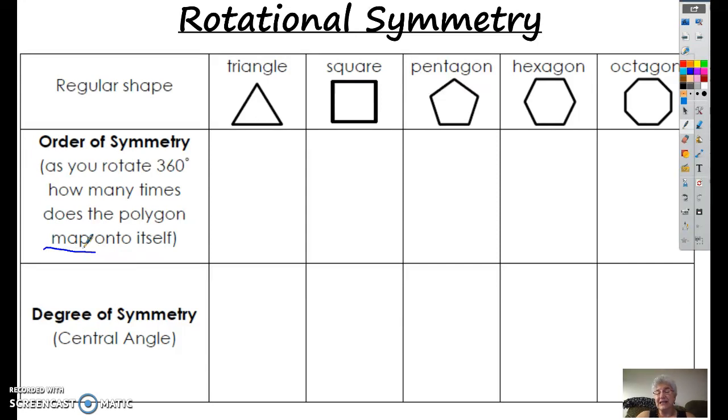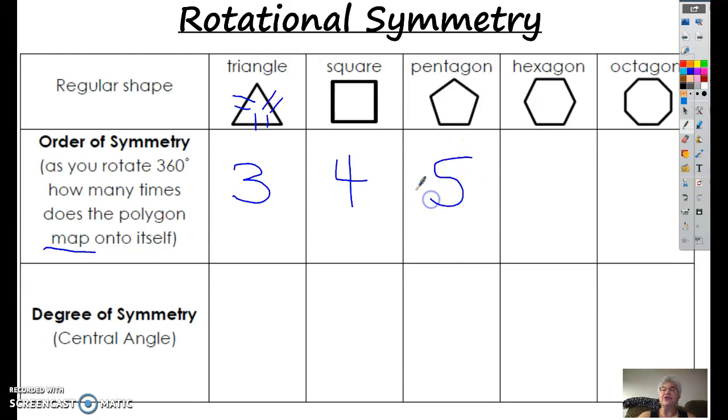So we can see with a triangle, especially a triangle that is equilateral, meaning 3 equal sides, I'm going to rotate it 3 times and get the exact same looking triangle. Same thing with a square. 4 sides, 4 rotations.